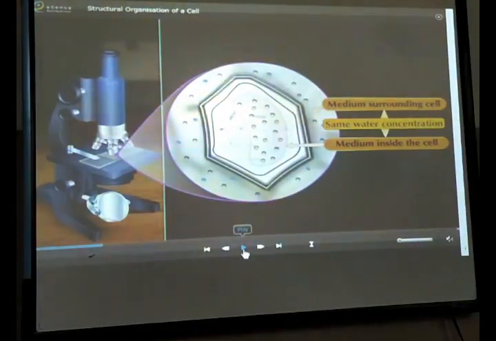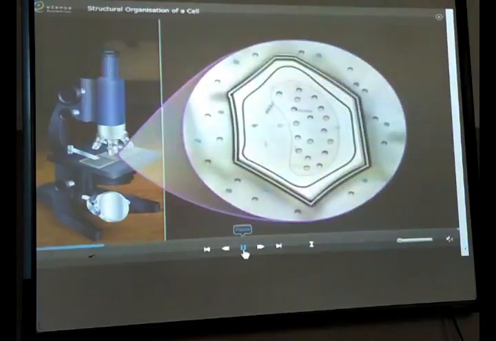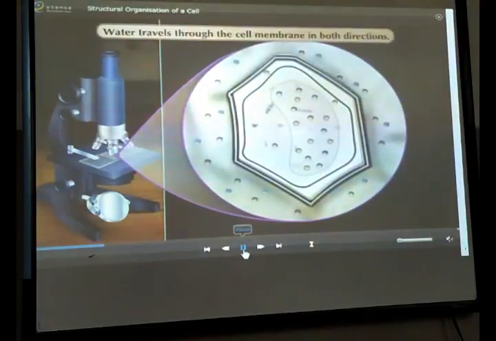As it becomes the same, you may say a balanced situation in the cell. See, the medium surrounding the cell and the medium inside the cell have the same water concentration. Then an isotonic solution is happening there.